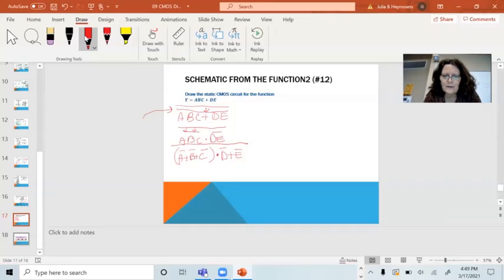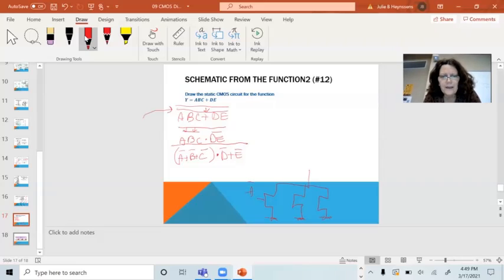Now I want to draw this. I get a little bit different circuit. So the A or B or C is a parallel combination in NMOS. And I'll go over the objection I usually get to this. A bar.